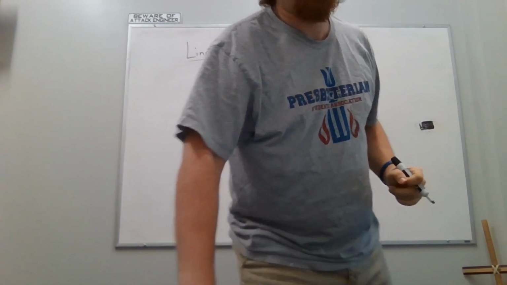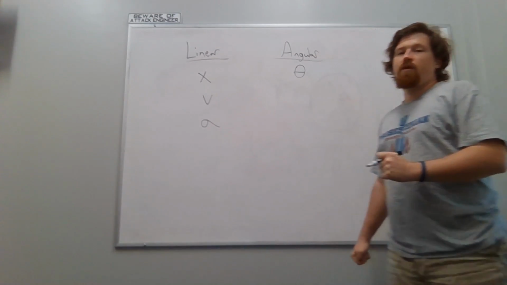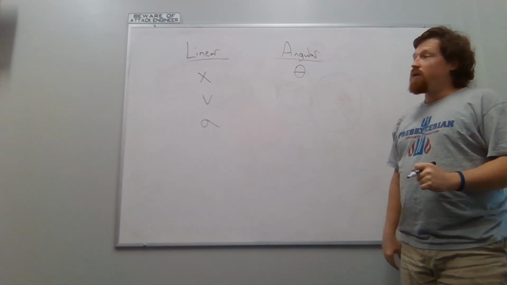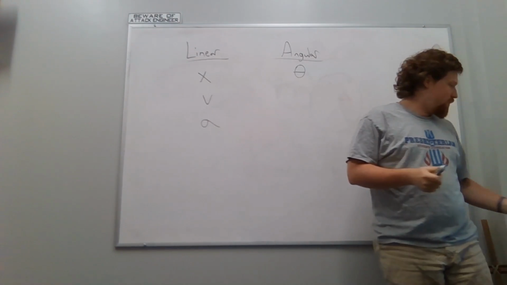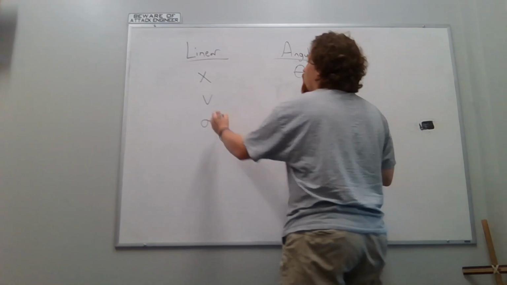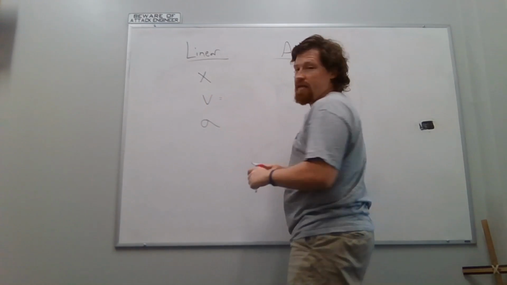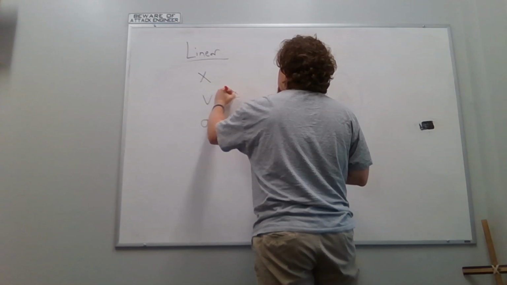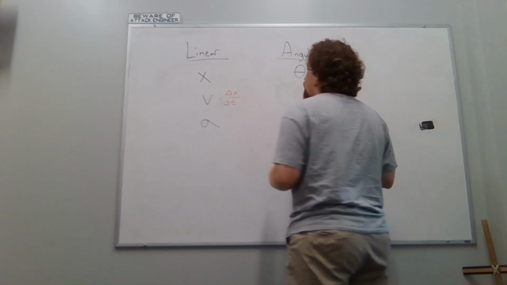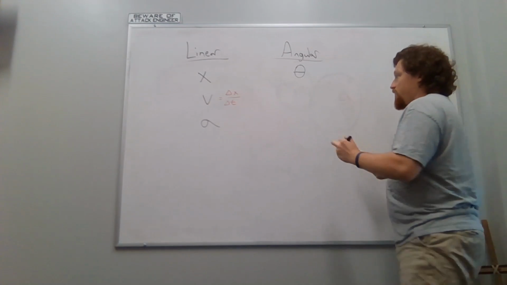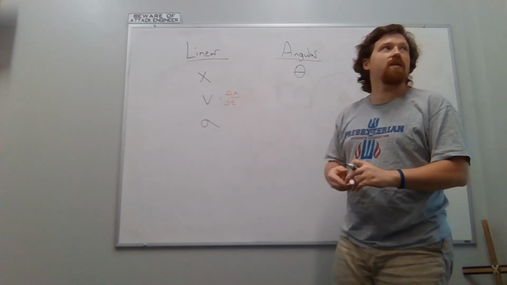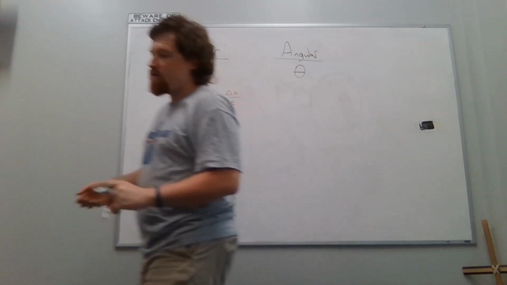Next, slide number 3, now we have angular speed or angular velocity. Originally, linearly, velocity is equal to delta x over delta t. Angularly, the symbol for angular velocity represents the speed at which something rotates.